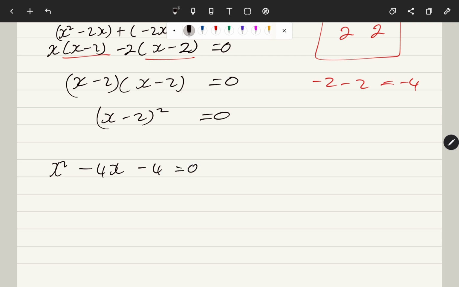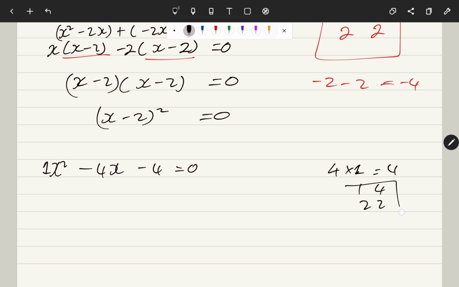You're trying to solve for x, and with all the methods and tools that we have learned to factorize, let us try to break it down. If you don't want to think hard about it, we just go to the method we just did. The coefficient here is 1, so 1 multiplied by 4, you get your answer being 4. Factors of 4 are 1 and 4 and 2 and 2, right?